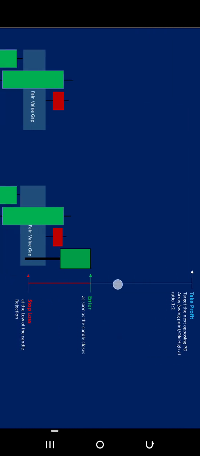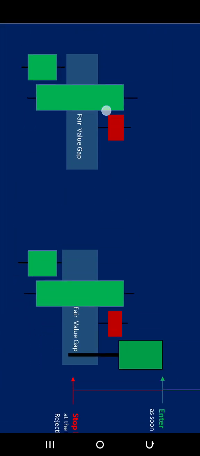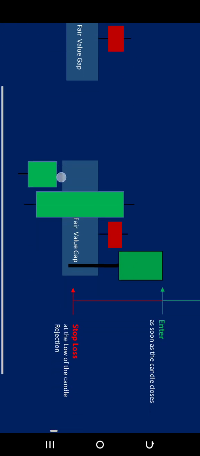Let's move on again. Now look at this. When you have a bullish fair value gap, now there is a fair value gap here. You wait for the first candle to be created. The moment that first candle enters into the fair value gap, the fair value gap is expected to reject price. Now if this first candle is a rejection candle, as we have in this scenario, can you see it now?